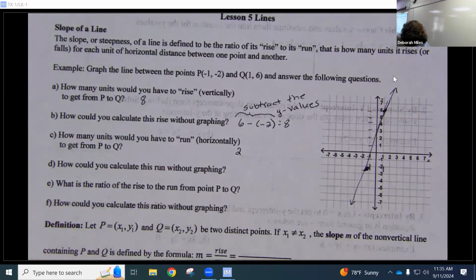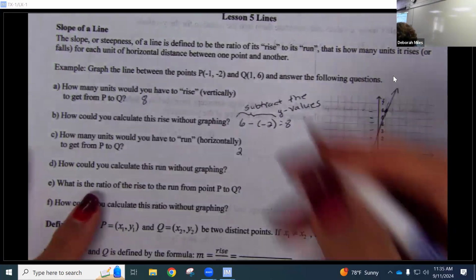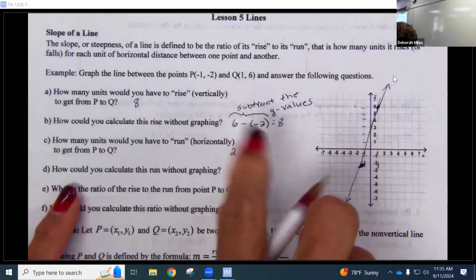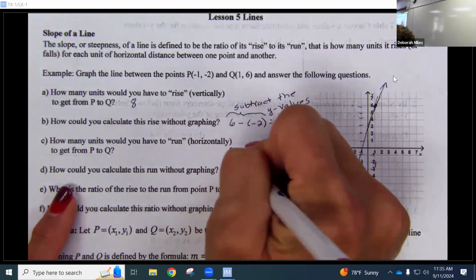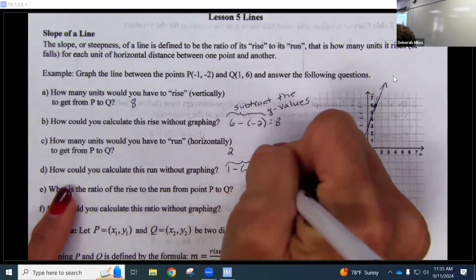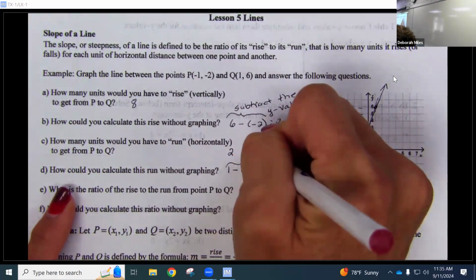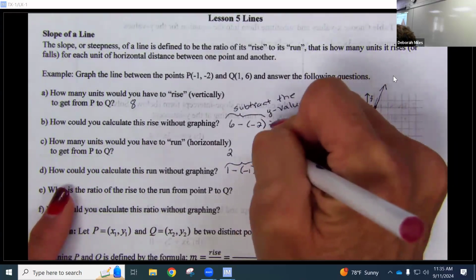How could we have found that same horizontal distance without having to count it on my very badly drawn graph? Subtract your x's would get the run. Your 1 minus -1 would give you the same 2 from subtracting your x values.